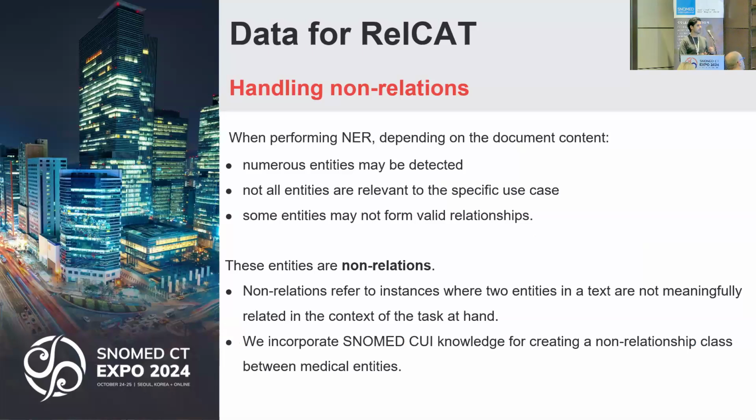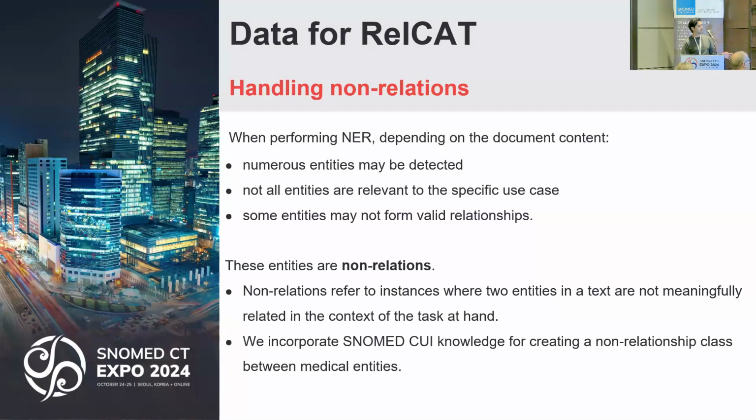The way we define non-relations is that you can have two types. A is where there is a relationship between those two entities, but given the task at hand, we don't consider it. That is a non-relation, but not really, so we refer to these as other relations. And B is where there actually is no relationship between them, irrespective of the concept. These are referred to as actual non-relations.